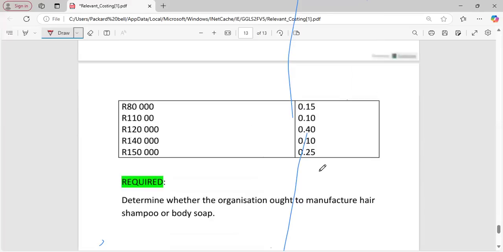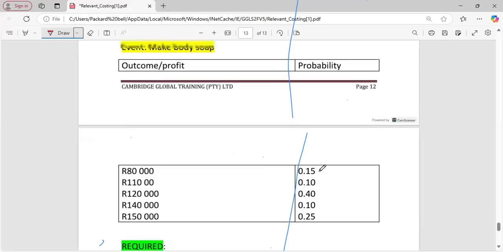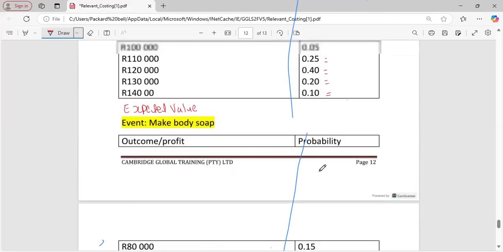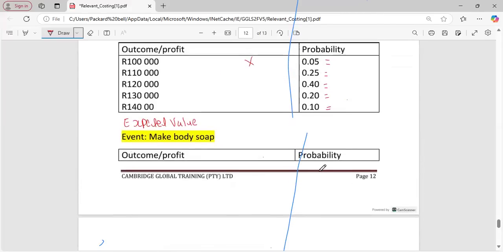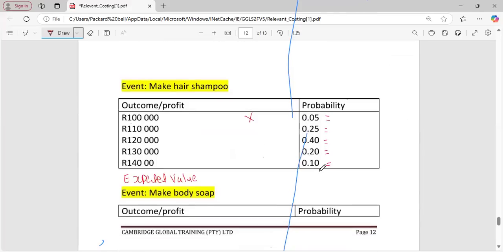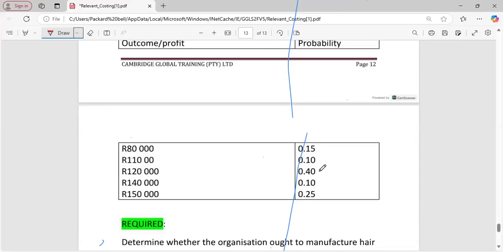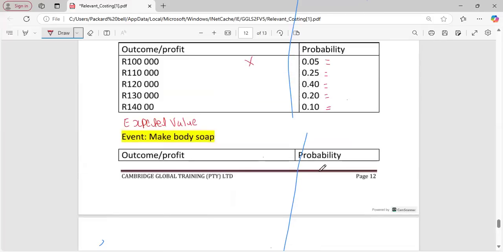So we need to sum up the expected values of making hair shampoo, then sum up the expected values of Mac board soap.